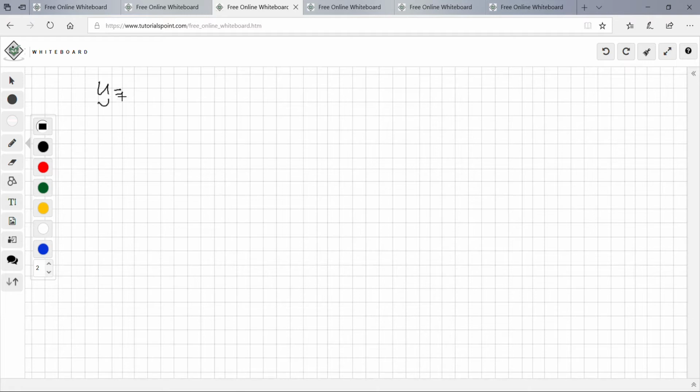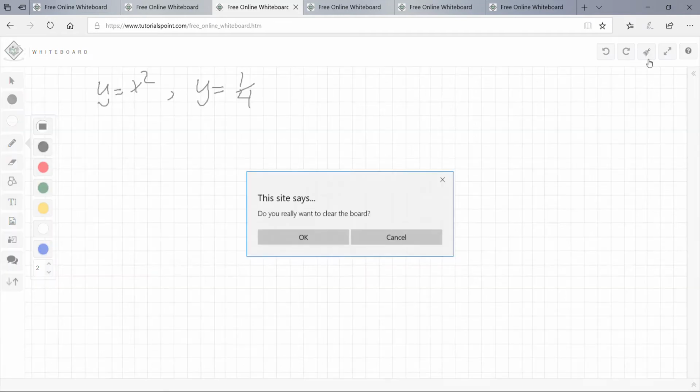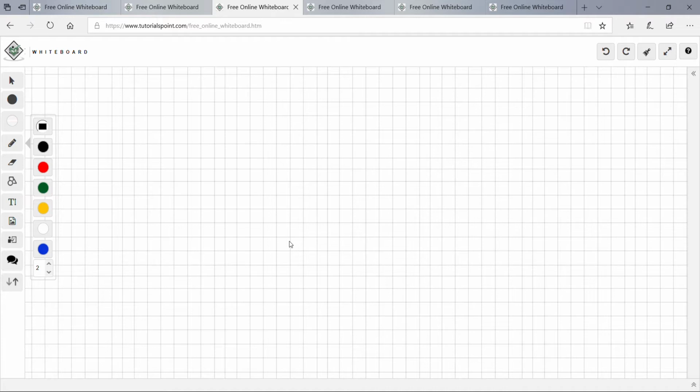I guess we should do more so you can understand. Oh wait, I did that one, sorry. Oh, new one. So we have y equals negative square root of 4 minus x squared.